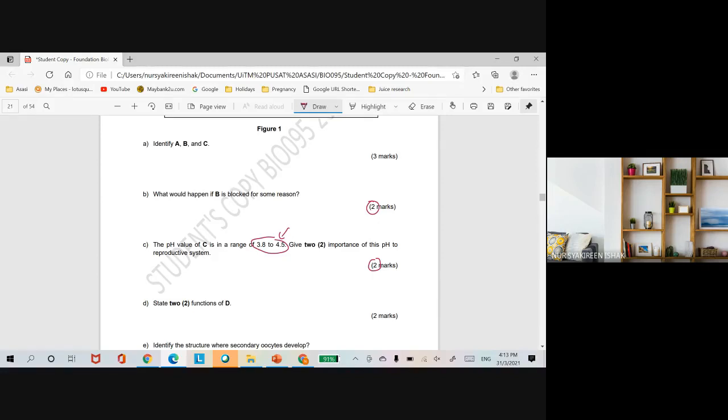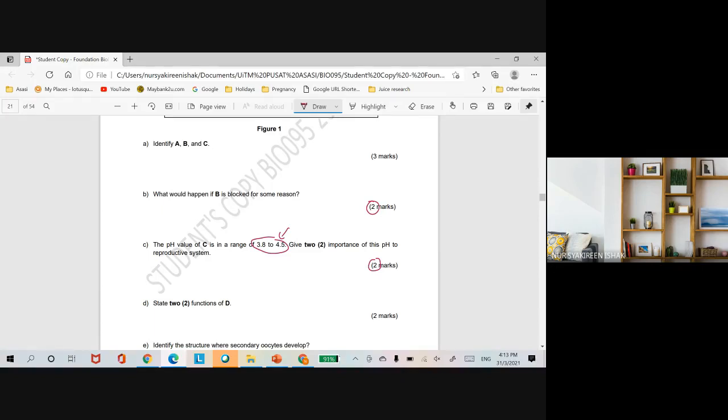So second, the acidic condition or the low pH will inhibit growth of bacteria. Okay, second point. And then the acidic condition will also promote, earlier we said it will prevent growth of pathogen, growth of bacteria that may cause infection.